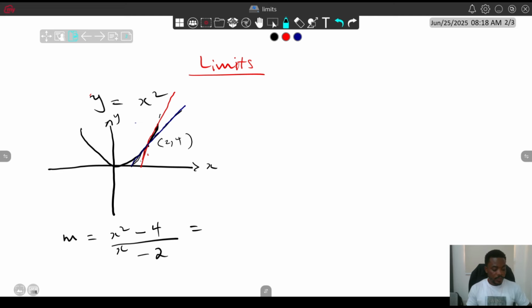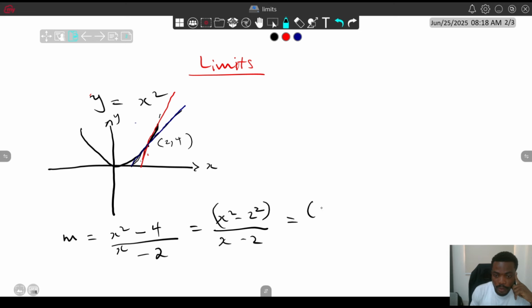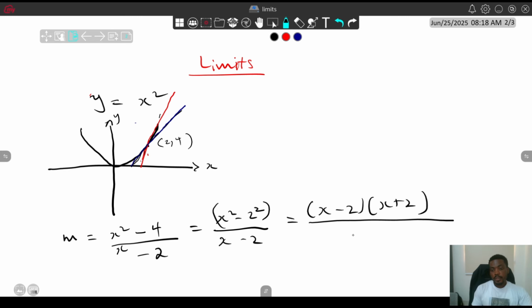So now that we have this slope, let's simplify this, and then we have x squared minus 2 all squared all over x minus 2. And then we have x minus 2, x plus 2. Okay, so we divide through by x minus 2. Then we have x plus 2.